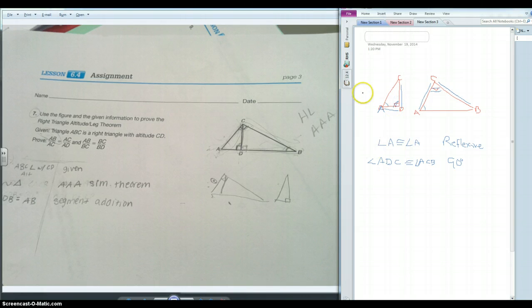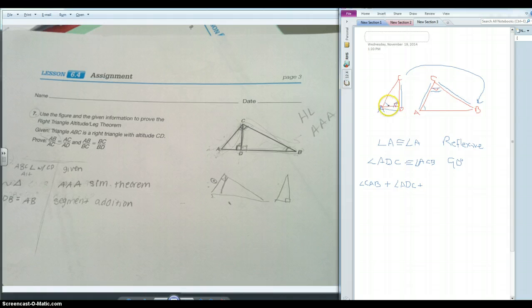Therefore, this angle has to be equal to that angle. It has to be, because both of these are the same, so the leftover is the same. Then we can say angle CAB, which is the first one, plus angle ADC plus DCA.